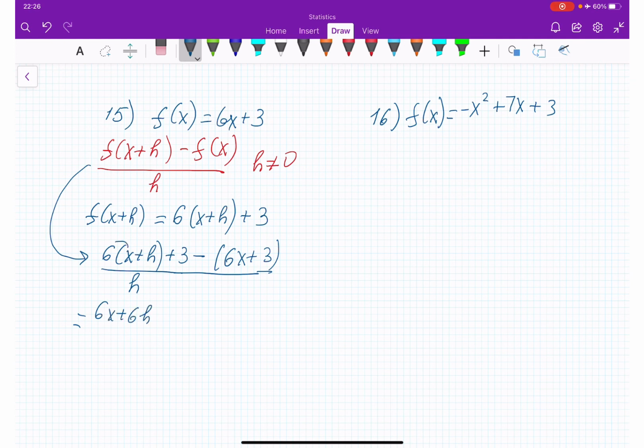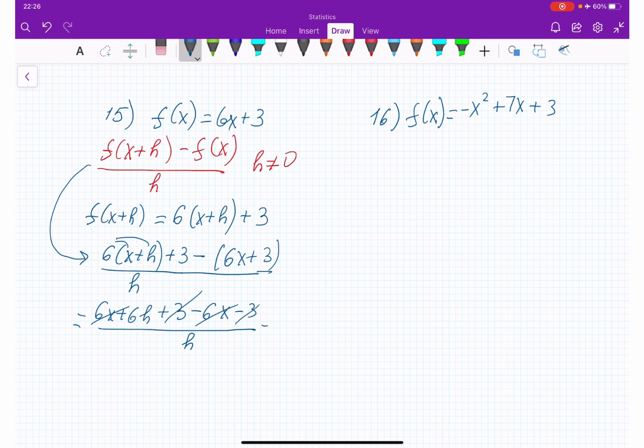I am distributing here, plus 3, minus, since I have a negative in front, minus 6x minus 3 over h. So plus 6x minus 6x, canceling each other. We have plus 3 minus 3, canceling each other.